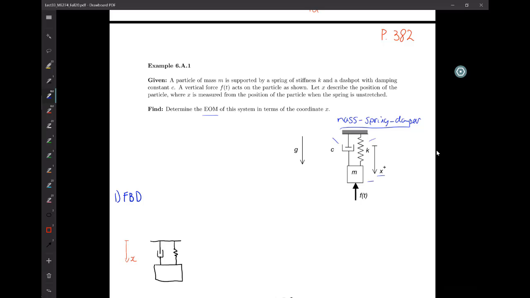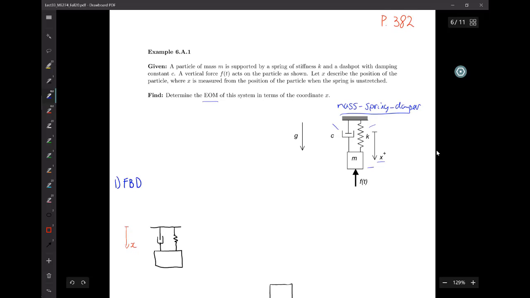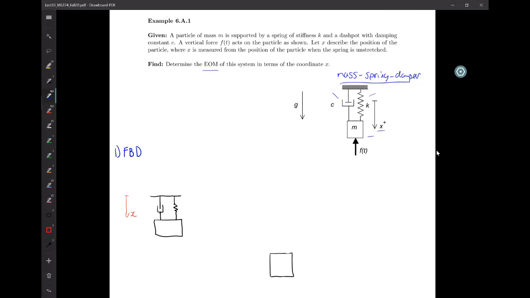This is a kinetics problem at its heart, because we need Newton's second law to solve it. So we do a free body diagram. The mass is going to be our system. How many masses do we have?